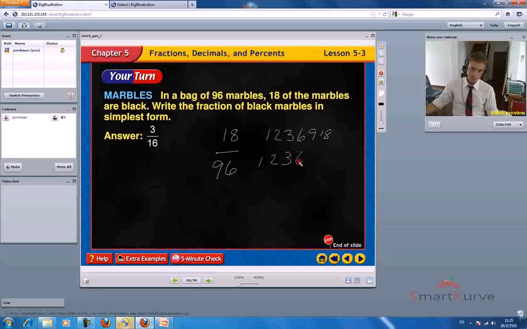The factors of 96 are 1, 2, 3, 4, 6, and so on.